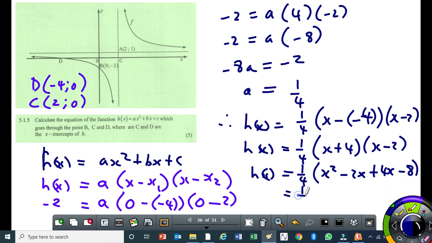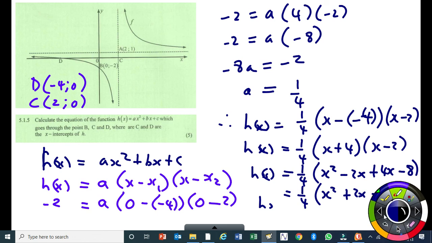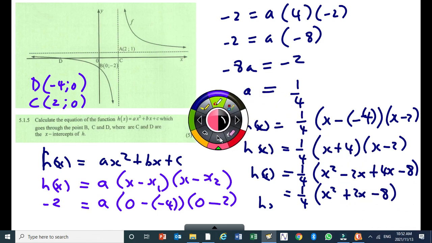And then we end up getting a quarter times x squared plus 2x minus 8. So the final equation, allow me to write it using a different color. So the final equation will be h of x equal to a quarter x squared plus half x minus 2. Okay. So that will be the equation.